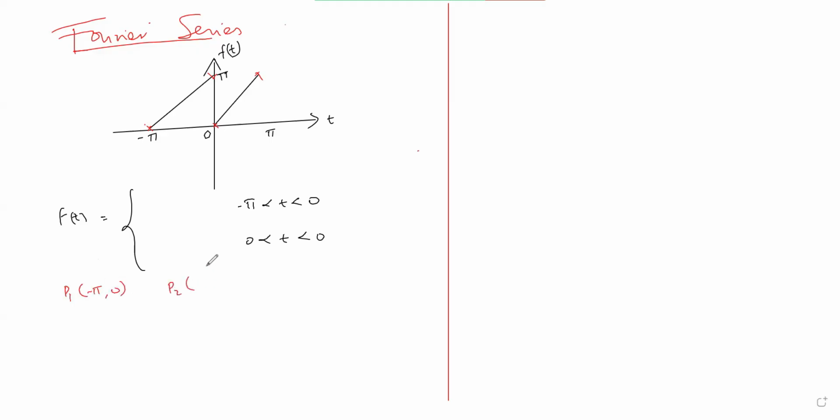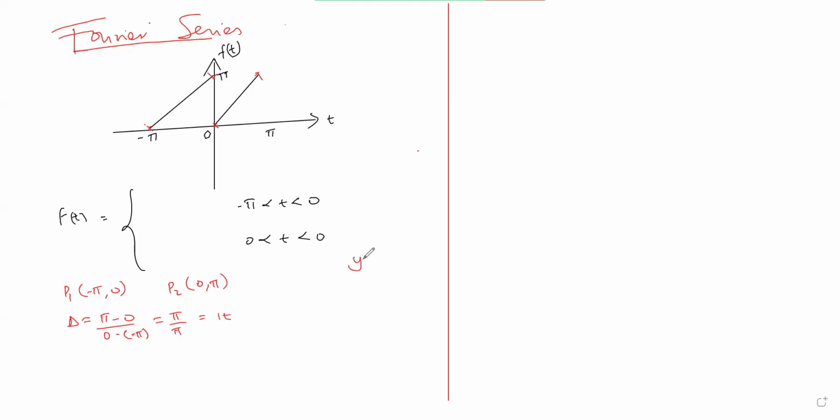Then you have P2, which is (0, pi). We check the gradient, which is change in y over change in x. So pi minus 0 gives you pi, and 0 minus negative pi gives you pi. So you get 1, then you add t.